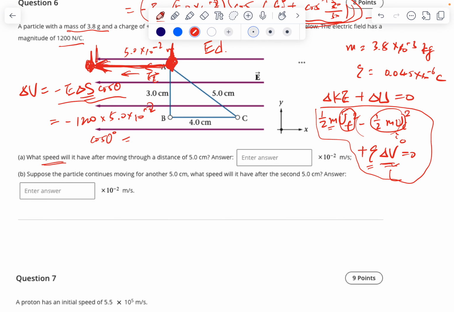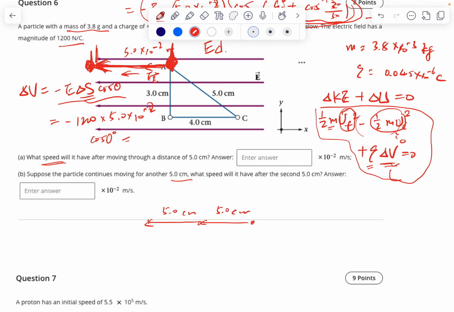Suppose the particle continues moving for another 5.0 centimeters. What speed will it have then? Same thing: you move another 5.0 centimeters, and you can use energy conservation.